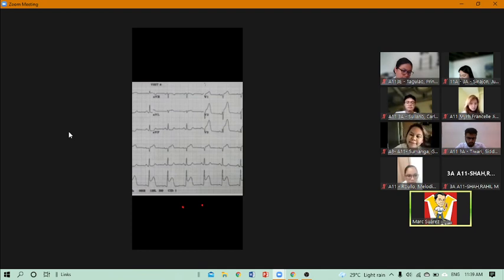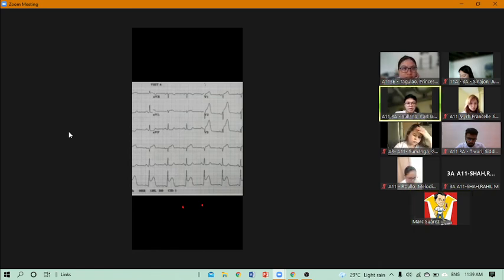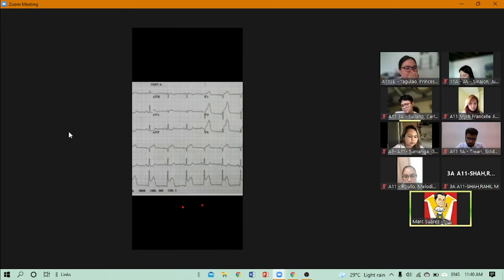So what is the first assignment? Why, Doc, V6 is not significant? Okay. So you try to read up on that one. What is a significant J point elevation in the limb leads, and how many millivolts does it need for it to become significant in the limb leads as well as in the precordial leads?